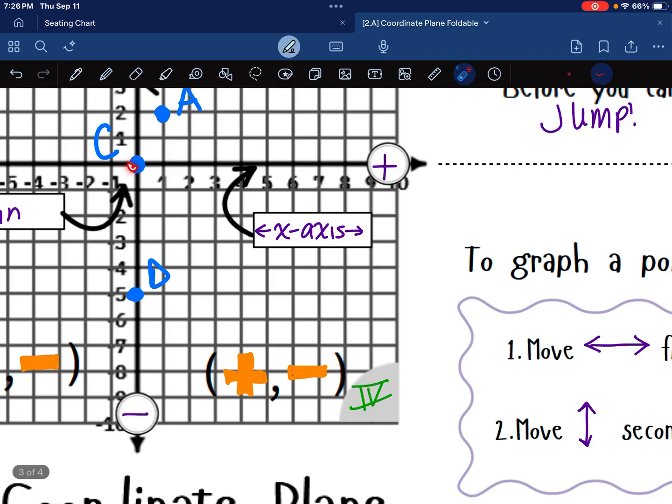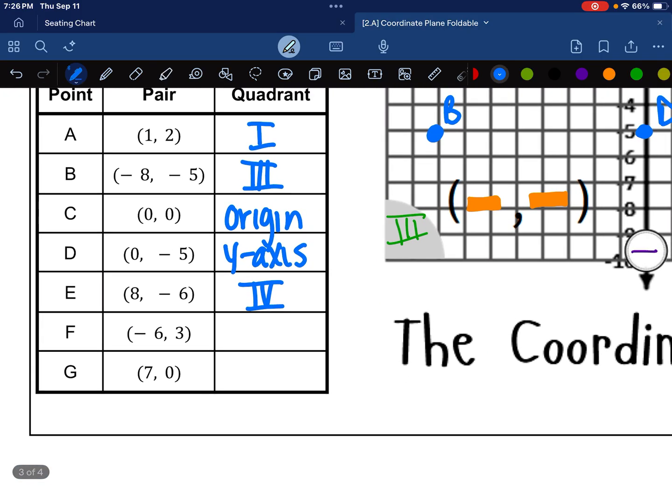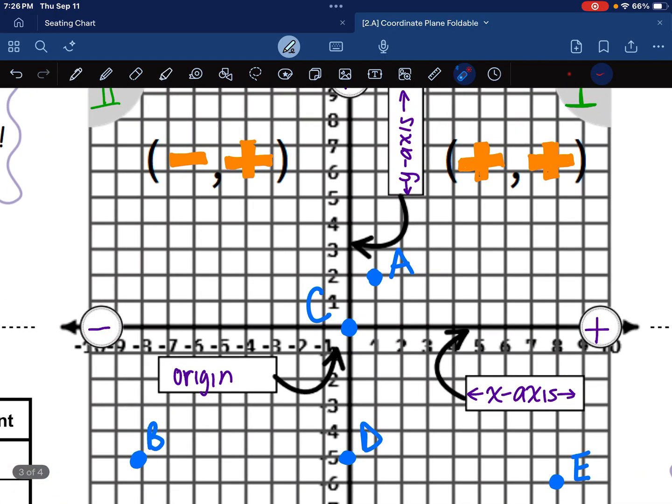So I put my pen on the origin, I come to the right 8, I come down 6, puts me right here for E. When I look at F, it says to go 6 to the left and 3 up. So 6 to the left and 3 up puts us right here, which is in quadrant 2 for F.